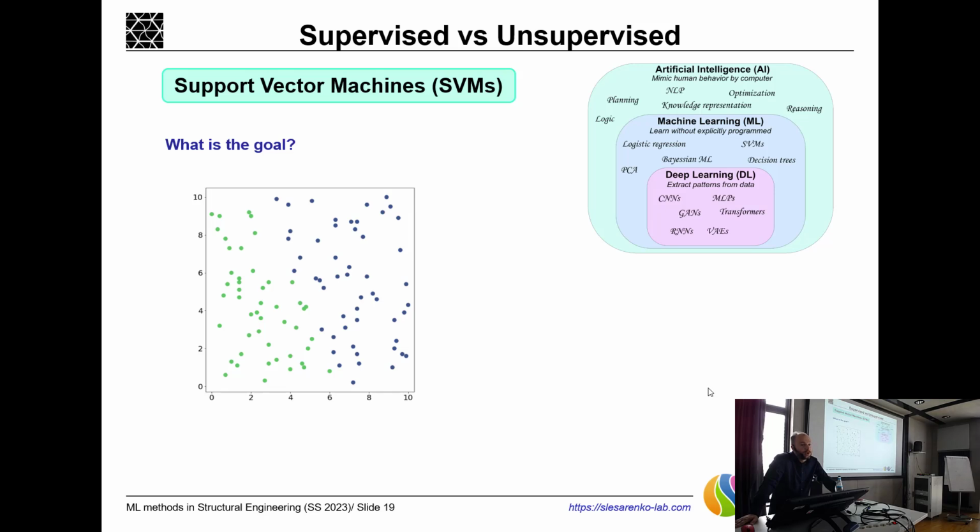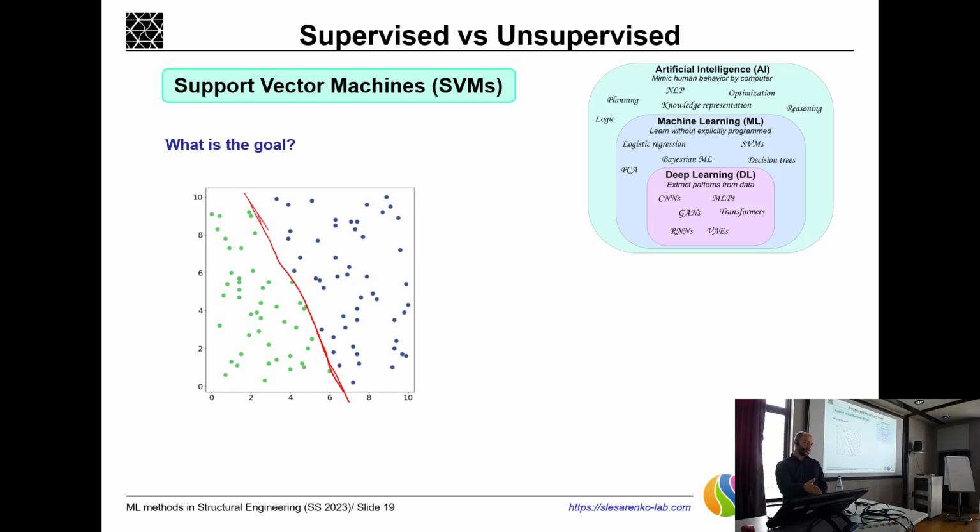Yep, to find a line that separates them in the best way. So let's formulate it like that. There is of course a formula to describe what that means, but the goal of a support vector machine is to find a line that separates them. Originally, with a linear kernel, it's a straight line. We also played a little bit, and you saw from the presentations in previous classes that you can have nonlinear kernels, and in this case you can separate more complexly arranged data, like circles or whatever.